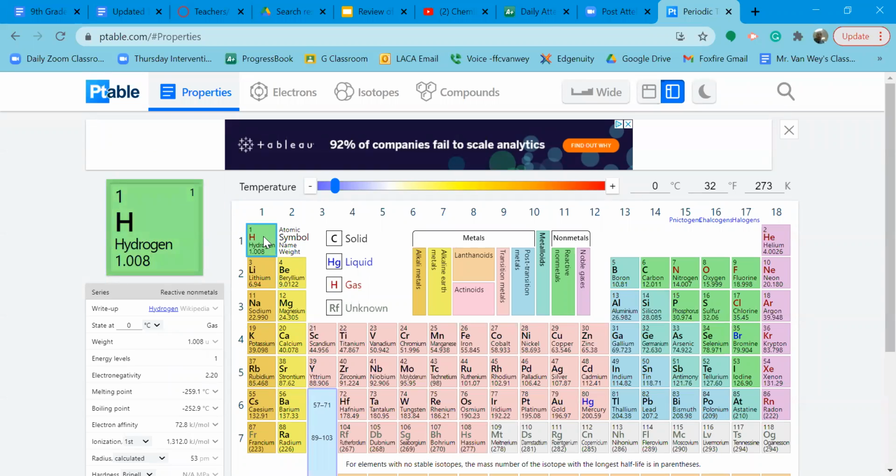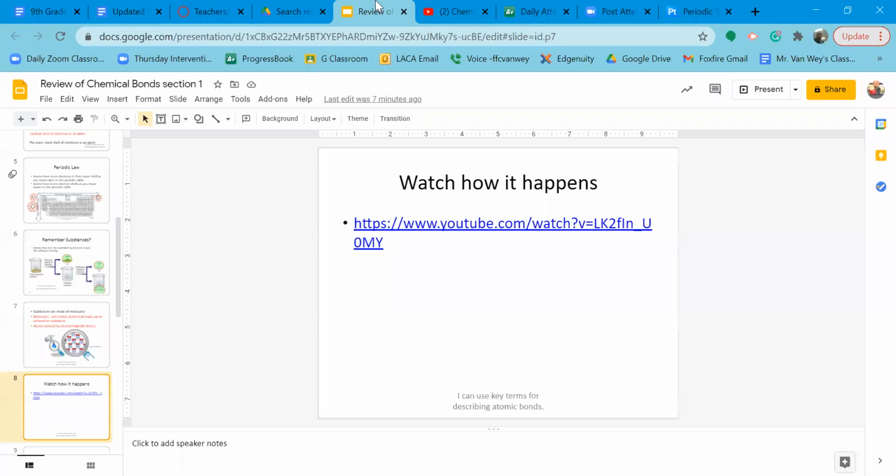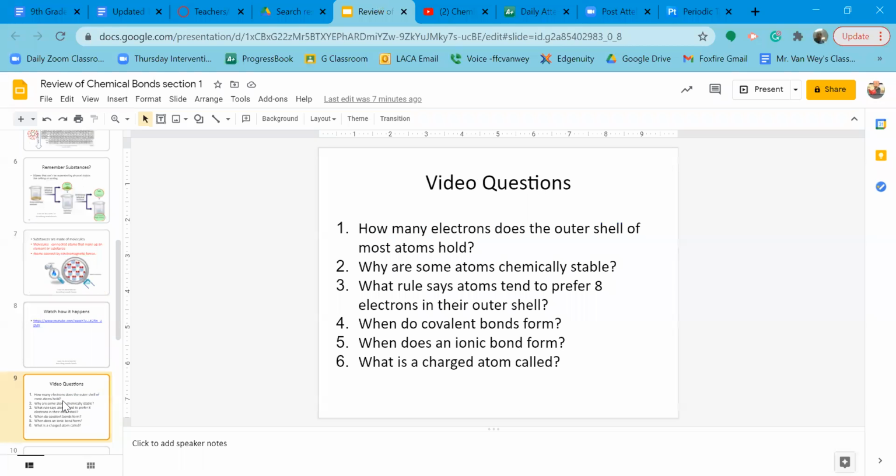And when it does that, it forms a compound we call methane, which is kind of cool. We'll be doing methane decomposition later on, and at the end of this unit, we'll be looking at that. But the big thing we need to know is that atoms want 8 electrons in their outer shell, and they will beg, borrow, and steal. They will even share in order to do that.